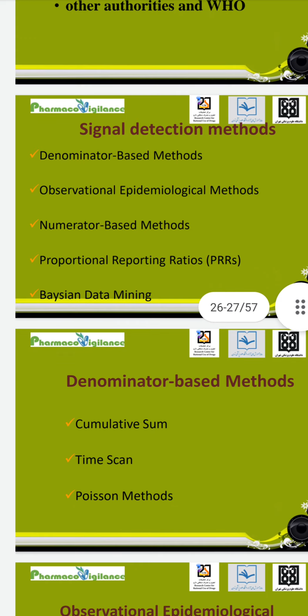Signal detection methods. Which methods do we have for signal detection? Denominator-based method, observational epidemiological method, numerator-based method, proportional reporting ratio or PRR, and Bayesian data mining.